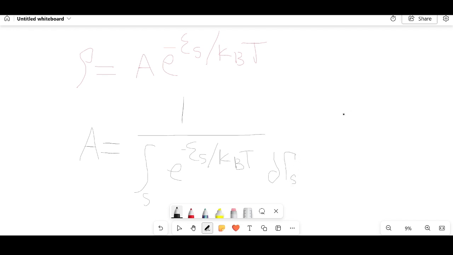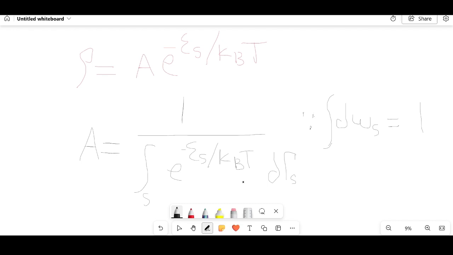Here we have used the fact that integration of d omega s is equal to 1 because the total probability should be equal to 1.